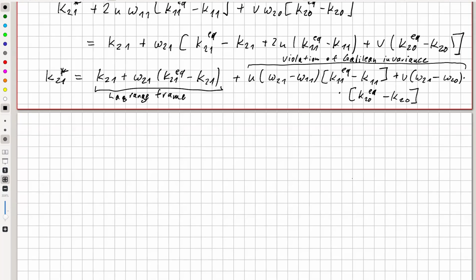So why is this in violation of Galilean invariance? Why is it important that there is a velocity in it? It's not important whether there's a velocity in it or not.